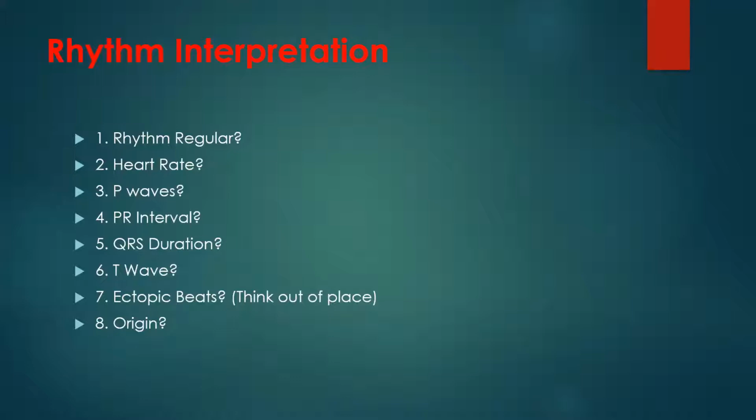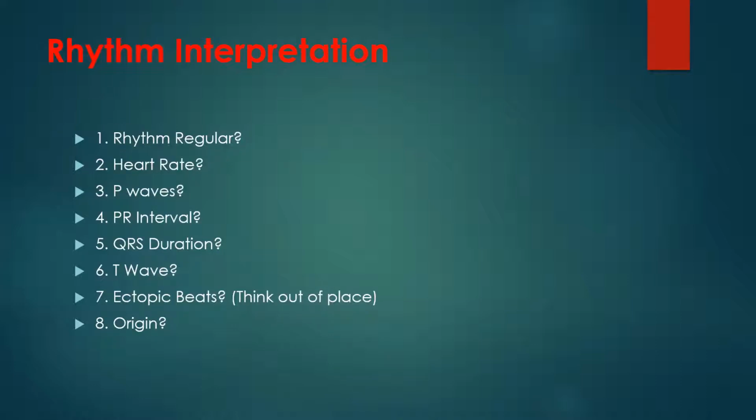Are there P waves? What's the PR interval? What's the QRS duration? QRS duration gets important when we start talking about bundle branch blocks, ventricular tachycardias. It can elongate with tricyclic antidepressants, overdoses with TCAs, and cocaine can all cause issues with the QRS duration.